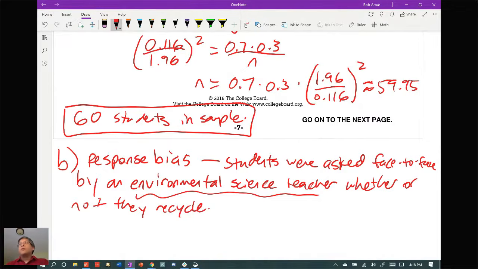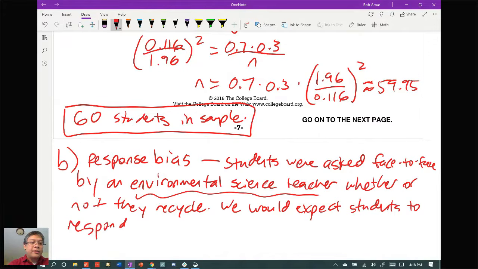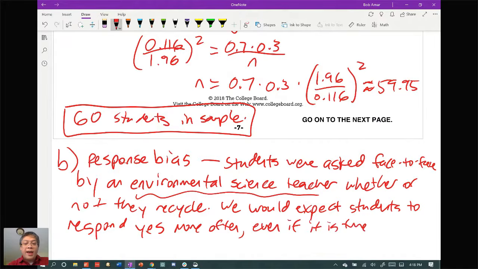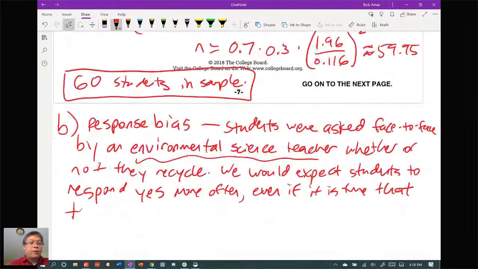We would expect students to respond yes more often, even if it is true that they do not recycle.